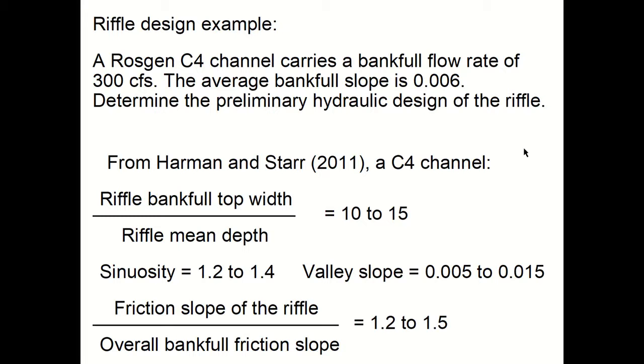The friction slope of the Riffle divided by the overall bankful friction slope is 1.2 to 1.5. This means the slope of the water surface going through the Riffle will be about 1.2 to 1.5 times greater than the 0.006, which is the overall average bankful slope.